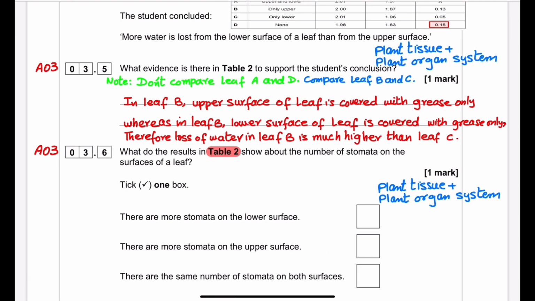The correct answer is there are more stomata on the lower surface as compared to the upper surface. So we can't include this answer. And there are the same number of stomata on both sides is also incorrect.